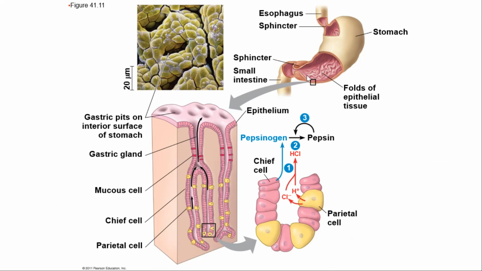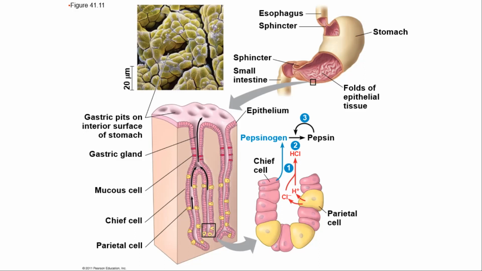Those folds, those wrinkles, are actually increasing the surface area of the lining of the stomach, which allows for more secretion of those digestive enzymes, and more absorption of some molecules that can be picked up and absorbed in the stomach.